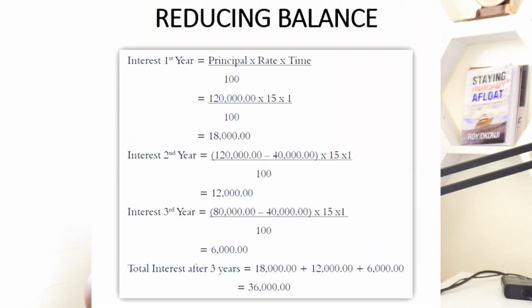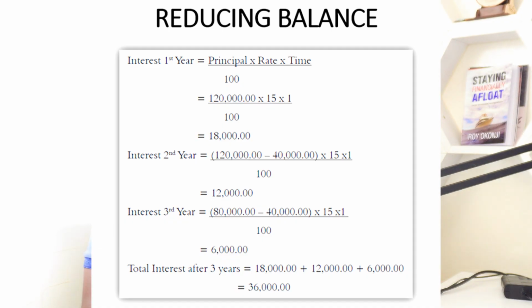Now, when you move to the reducing balance basis, interest is applied only on the outstanding balance after every repayment season. In other words, it is only calculated on the amount outstanding.